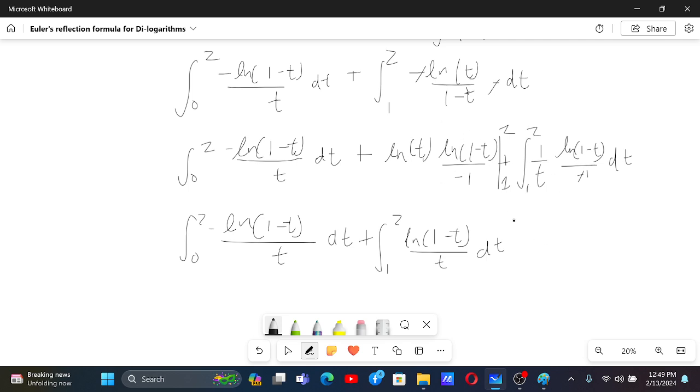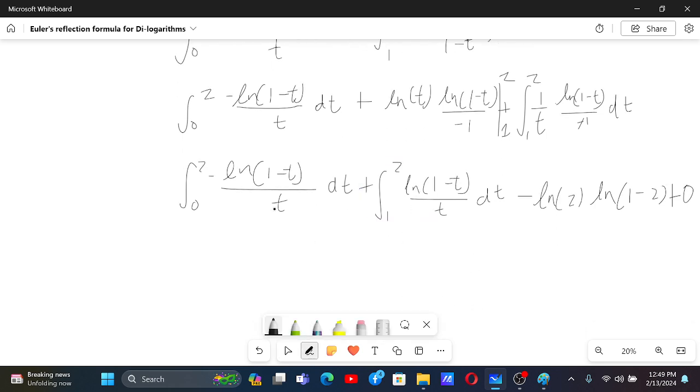We have plus, so there's minus 1, so that's why minus ln z ln(1 - z), and then plus, we know that at 1, by the limit, I have the answer as 0.